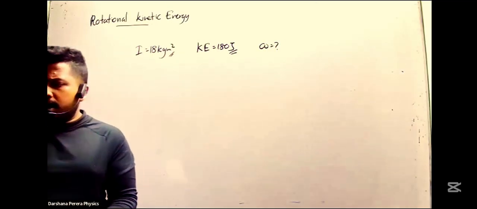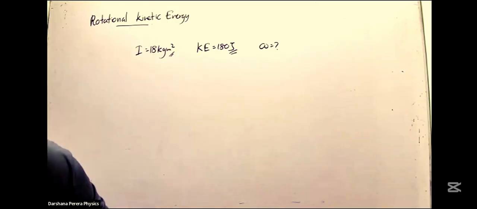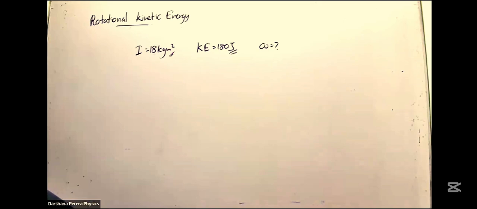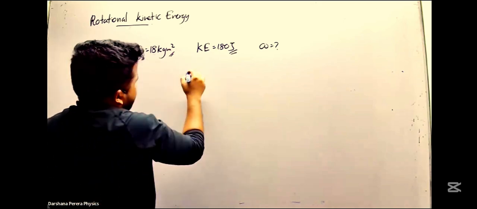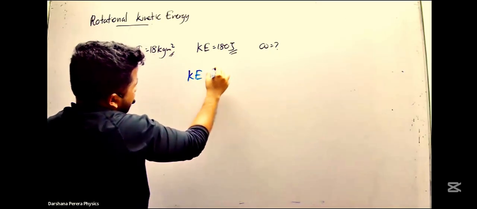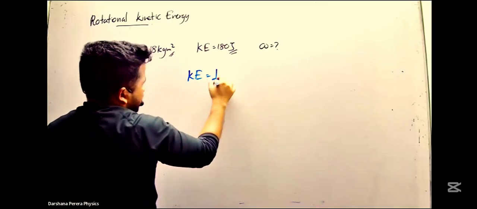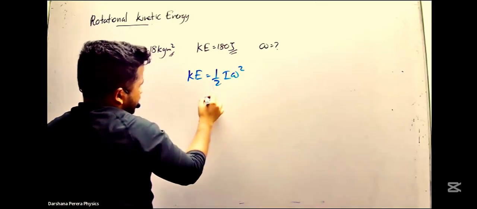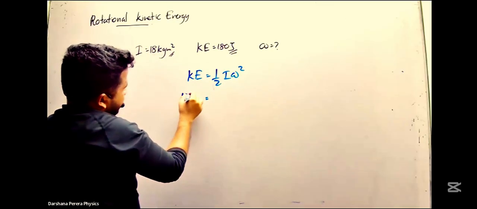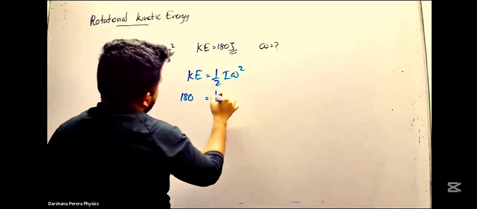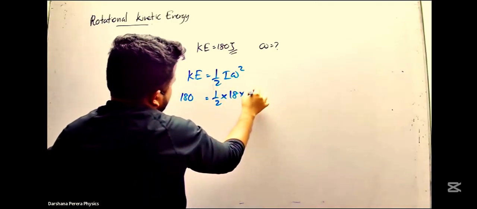Okay, find out the omega. Give me the answer. Kinetic energy equals half I omega square. Kinetic energy 180, half into I, that is 18, into omega square.